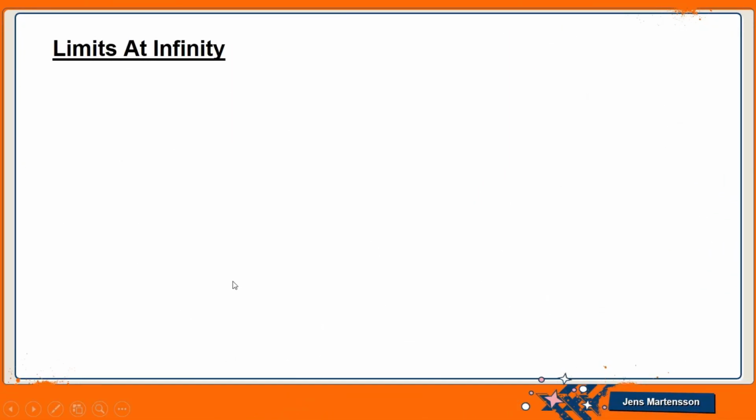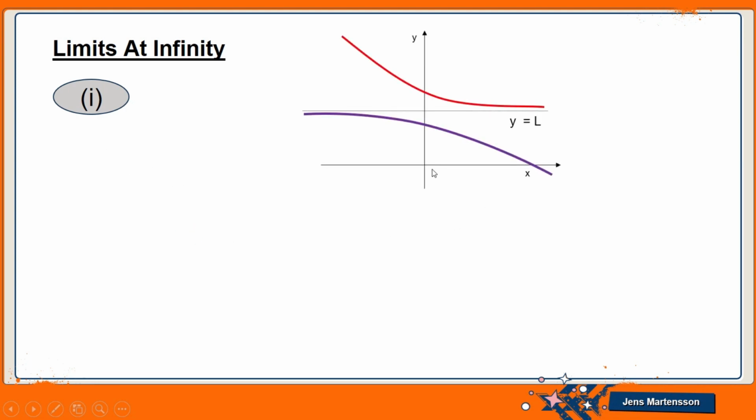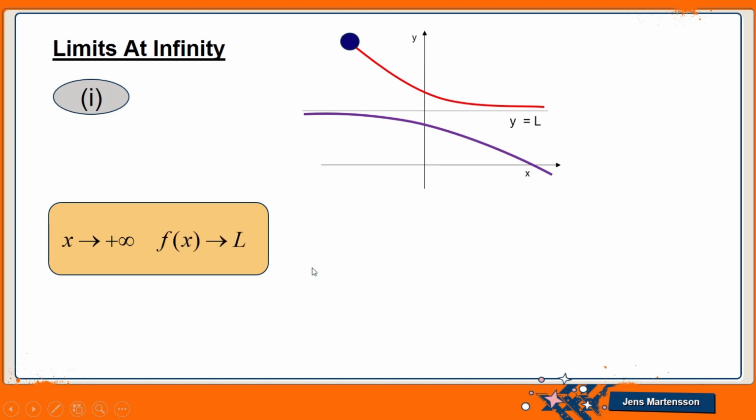Okay, limit at infinity, number 1. Okay, look at the graph. When x approaches infinity, f(x) approaches L. So we can write the limit of f(x) when x approaches infinity equals L. Okay.